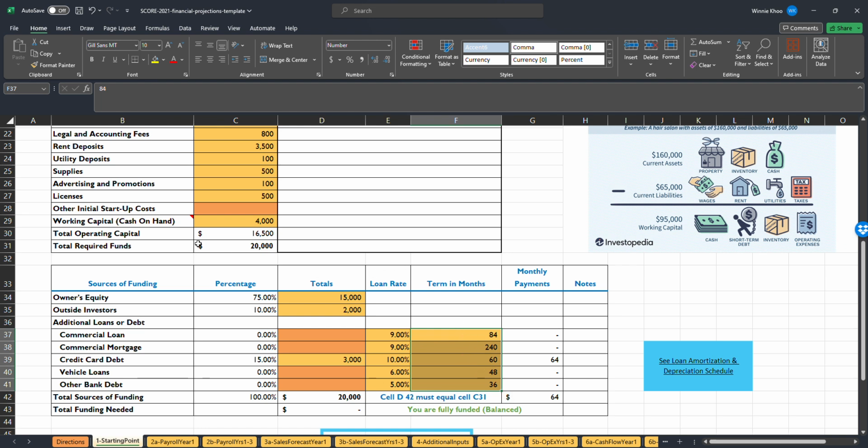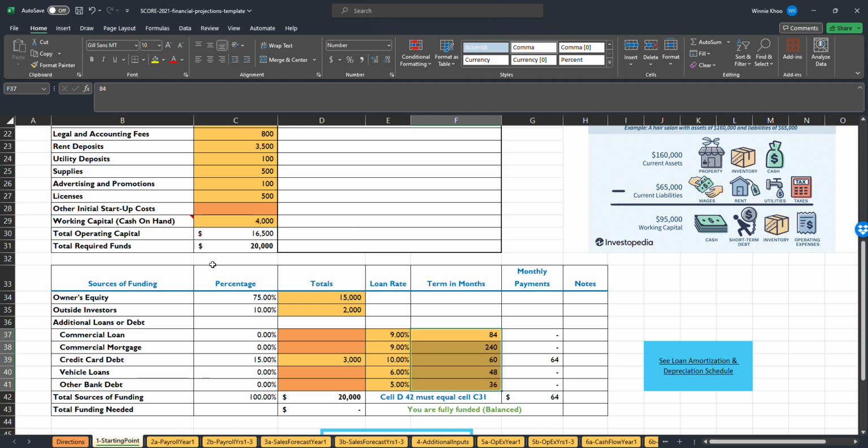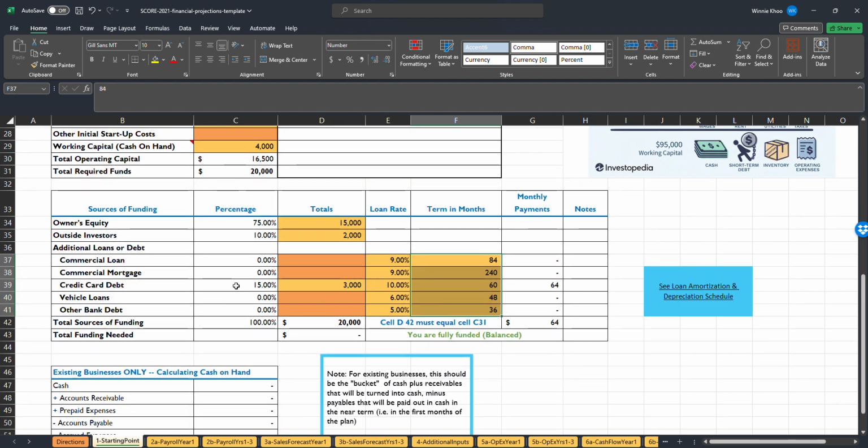Now, if you already have an existing business, this essentially is a balance sheet. So if I were you, I would go into your financial software and download or export your balance sheet. And there will be a section on this spreadsheet to put every item of your balance sheet.